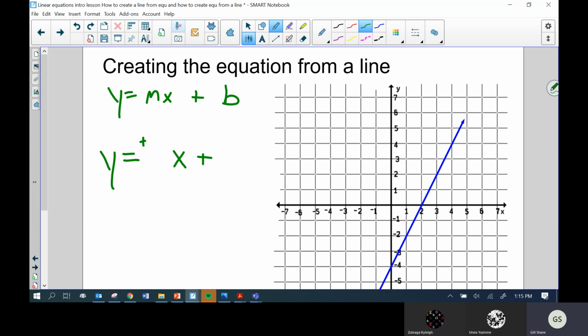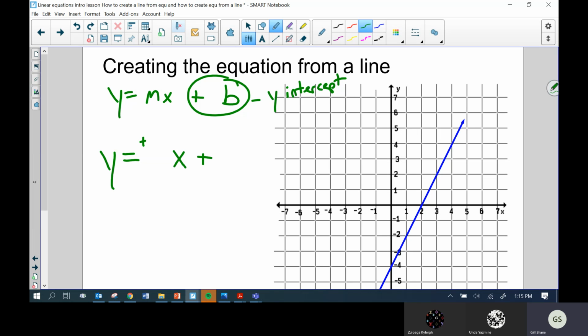So what do I also know about that last part? What is that last part? What do we call it? That's the y-intercept. What did I say the y-intercept is visually? Actually, sort of what one of the definitions of intercept means.